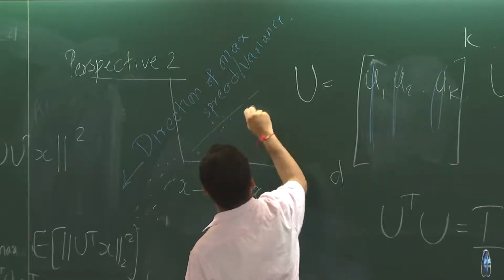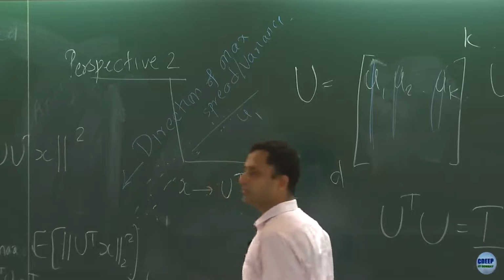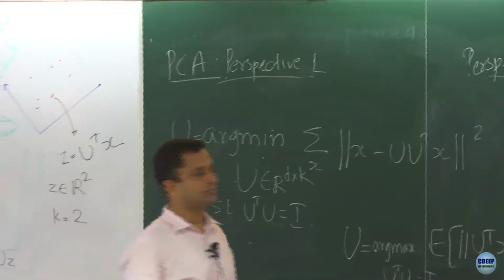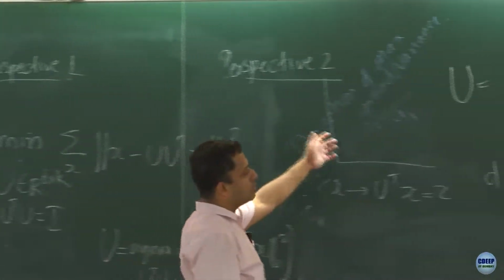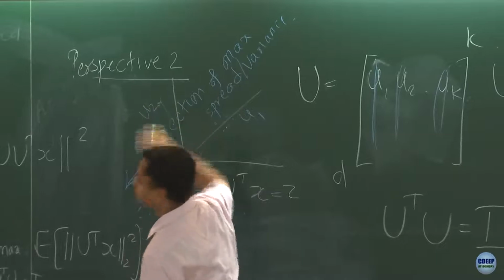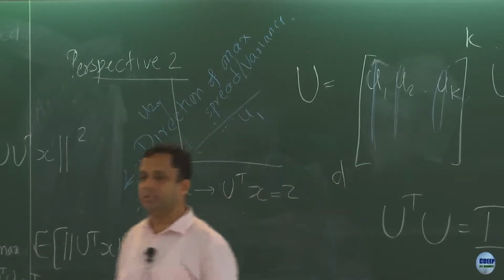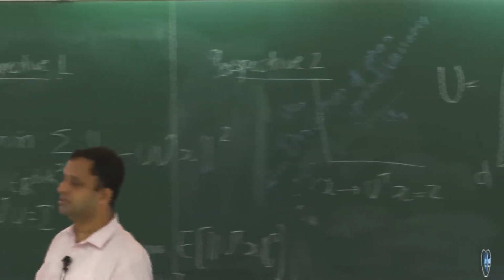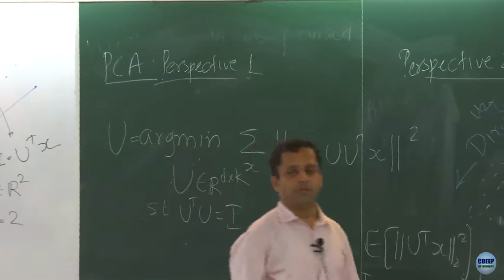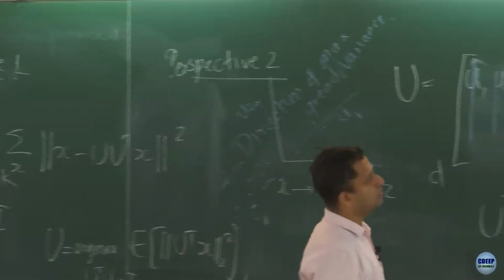This might turn out to be U1. And then the next maximum spread is U2, and we want U2 to be orthogonal. And it might turn out that U3 is basically 0, you don't have any more spread after capturing these two.